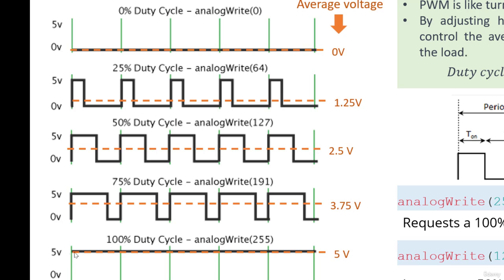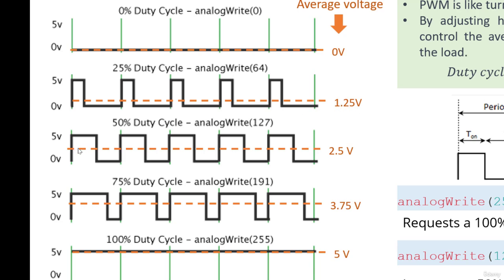So if you keep the output voltage at the 5 volt level, you will obtain 5 volt. If you keep it at 0 volt, you will obtain 0 volt. What if we keep the power on for 25% of the time and off for 75% of the time? This will result in a 25% duty cycle, and the average value of the output will become 1.25 volt.